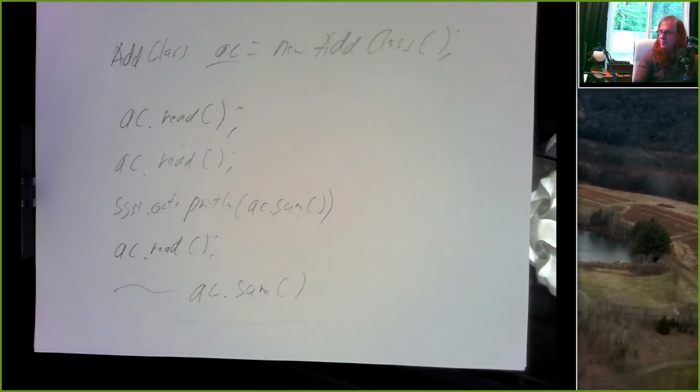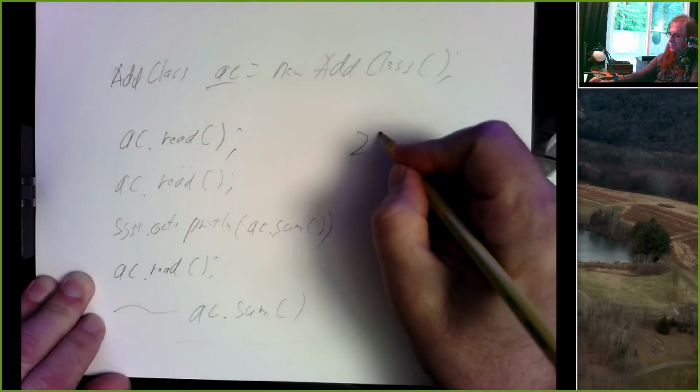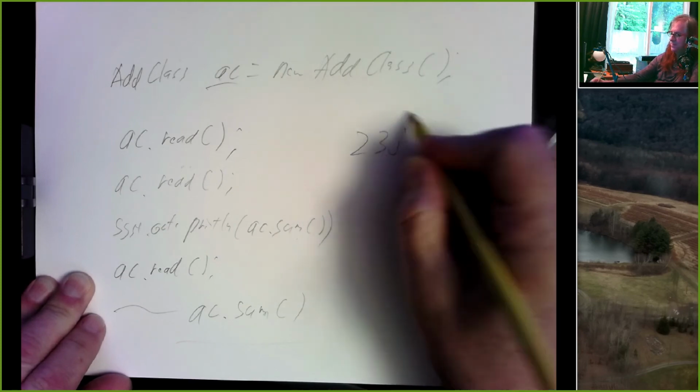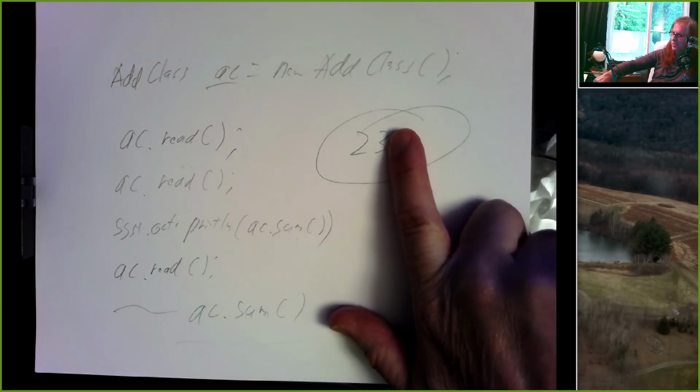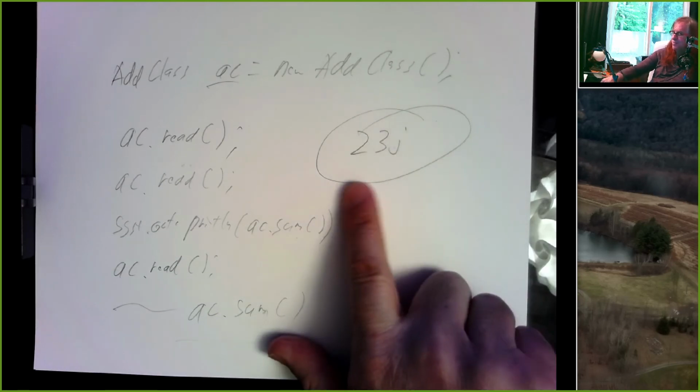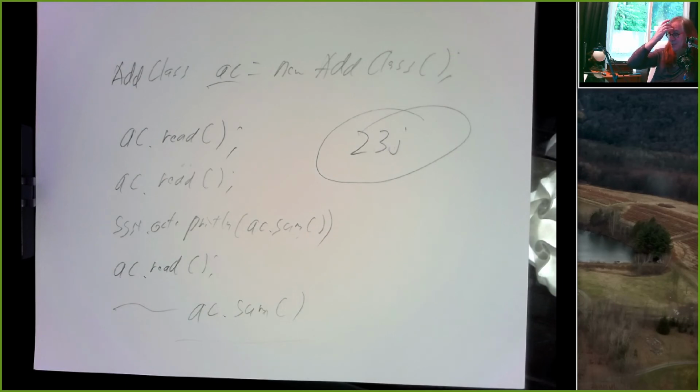So parseInt, which is in the Integer class, takes a string, and if your string was something like 23J, parseInt will throw an exception. It'll be a NumberFormatException. So it's not like scanf that would just go up to the 3 and stop and say, oh, you got a 23. ParseInt will try to parse the entire string as an integer. And so if there's extra stuff in there, it'll throw an exception. That's when you use the try-catch block? That's when you would use a try-catch block, exactly. Okay, cool.